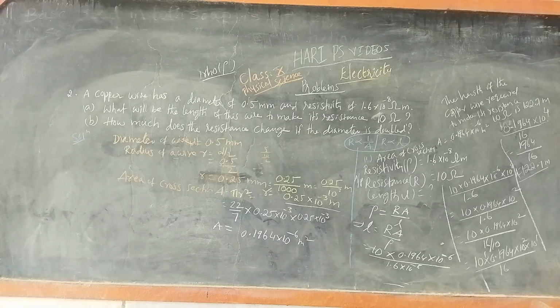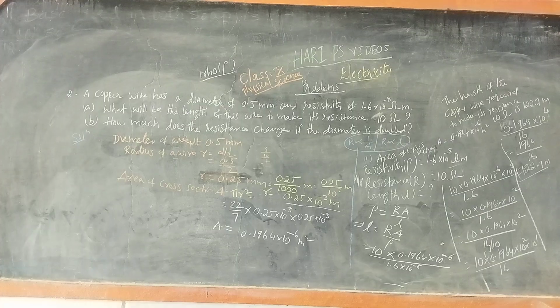So you can calculate how much length is required to make the resistance of the copper wire 10 ohms, which is 122.7 meters. So we completed only the first part.